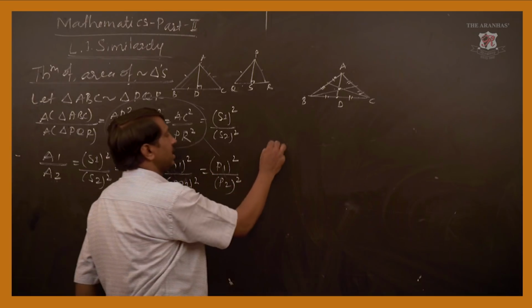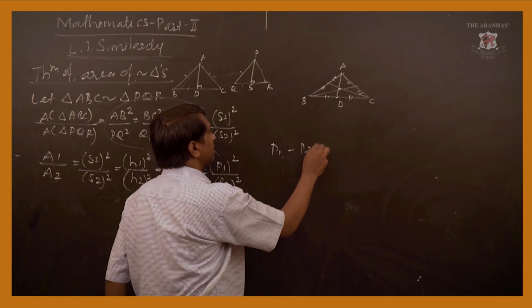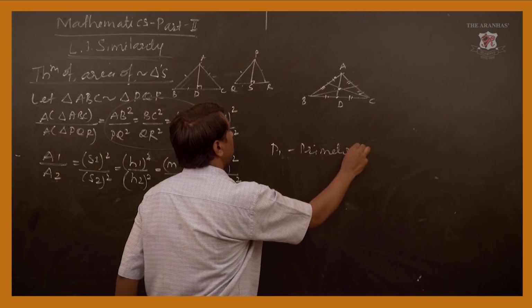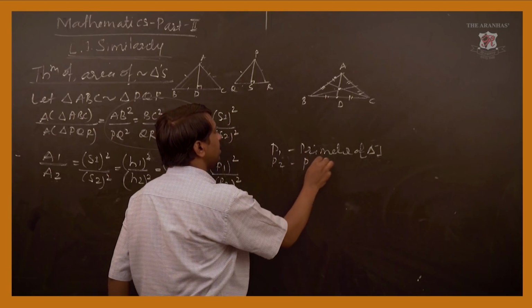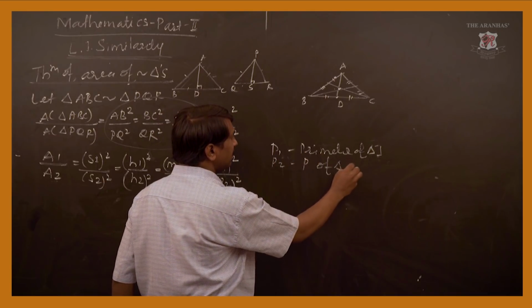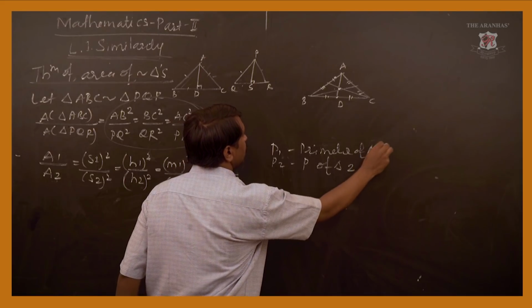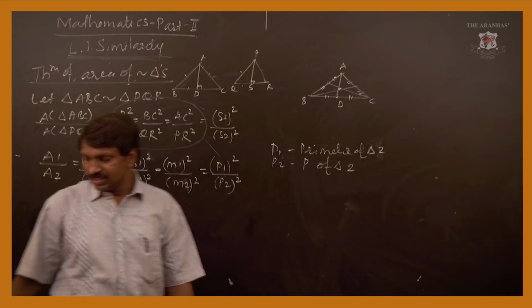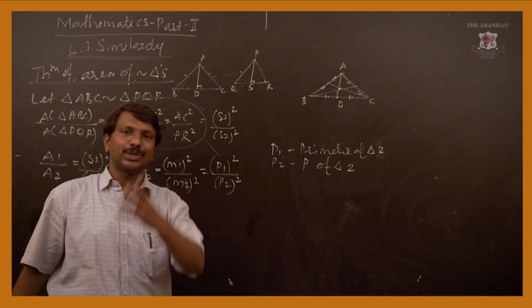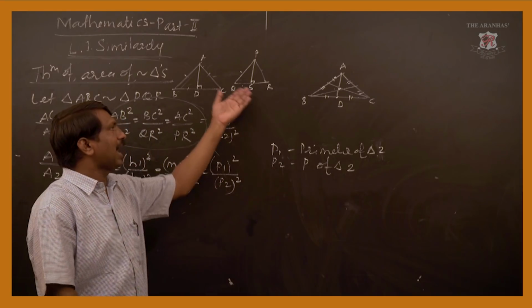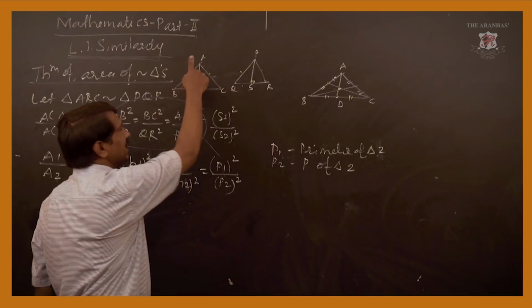P1 is the perimeter of triangle 1 and P2 is the perimeter of triangle 2. Perimeter means the sum of all sides.